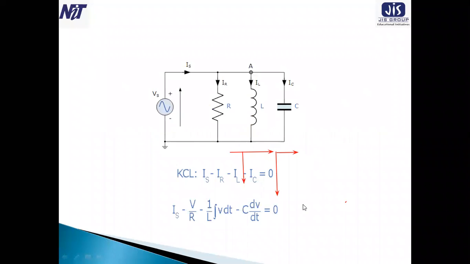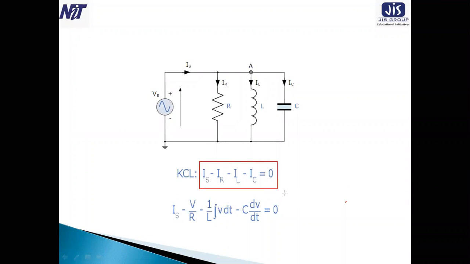So that is the fundamental. We write it in a different form, that is Is minus IR minus IL minus IC equals 0. Now we have to put in the equations of IR, IL, and IC. What is IR as per Ohm's law?